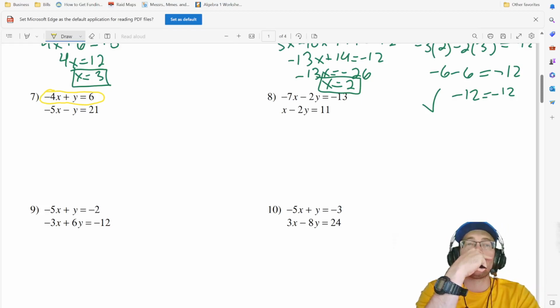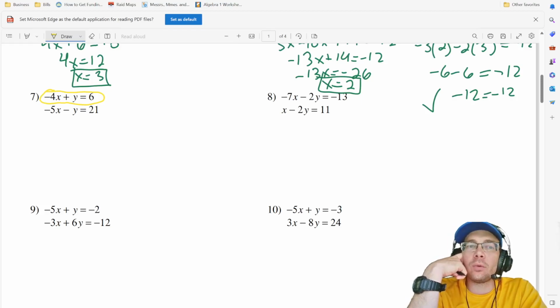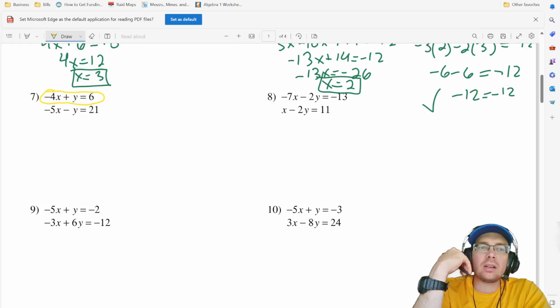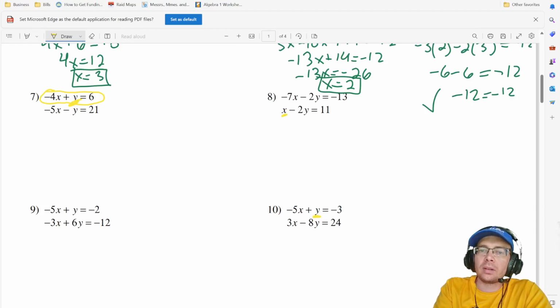All of you super technical people out there, yes, technically it has a coefficient of 1. But if you can't see a number in front of one of the letters, like for number 7, there's no visible number in front of the y. There's no visible number in front of that x, or that y, or that y.